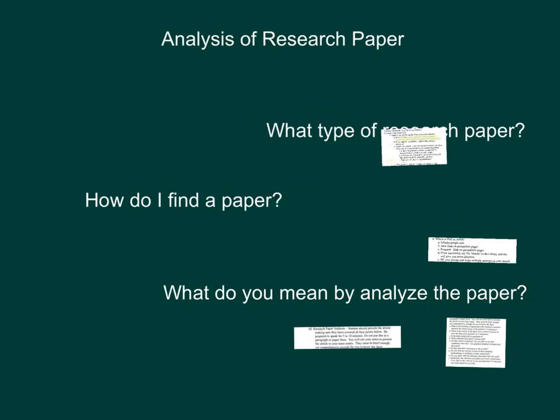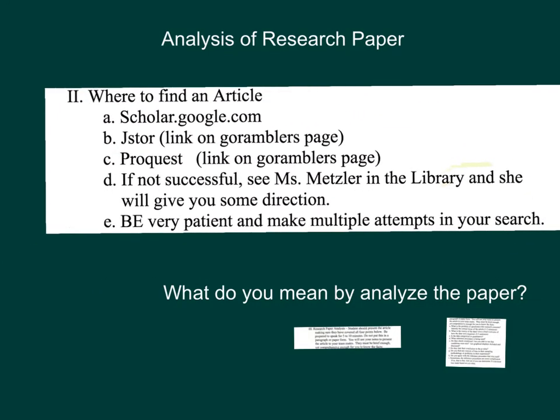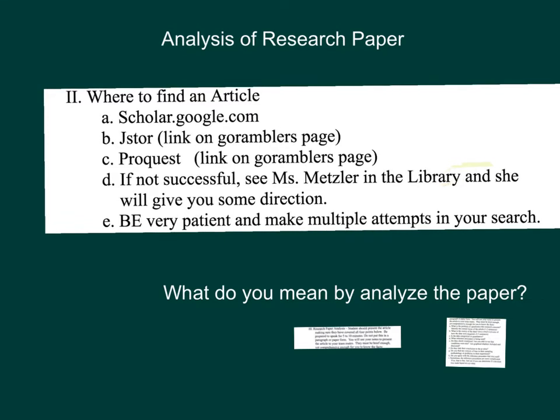Okay, so the next issue is, how do you find the paper? You can use several different sources. One of them would be scholar.google.com, because you are looking for scholarly research papers. JSTOR, there's a link on the Go Ramblers page, and I'll show you more about that in a moment. ProQuest. If not successful, you could also see Mrs. Metzler in the library, and she will give you some direction.